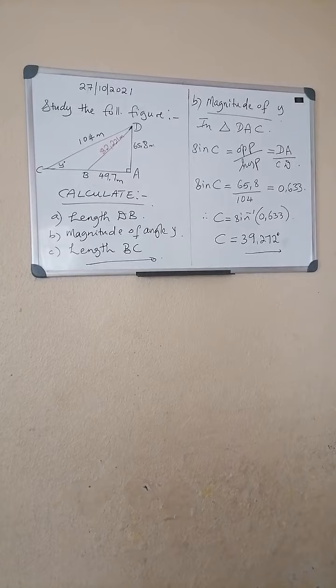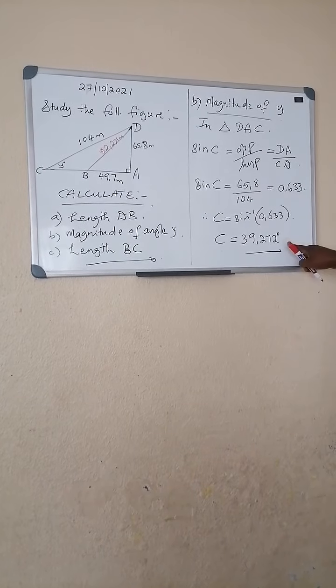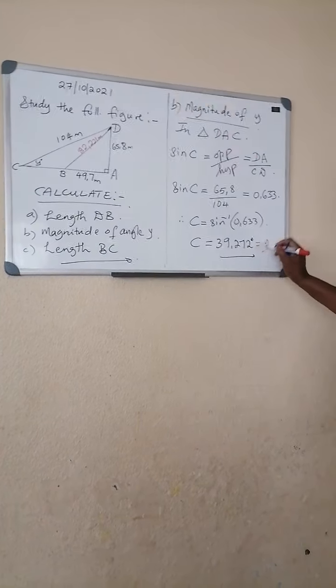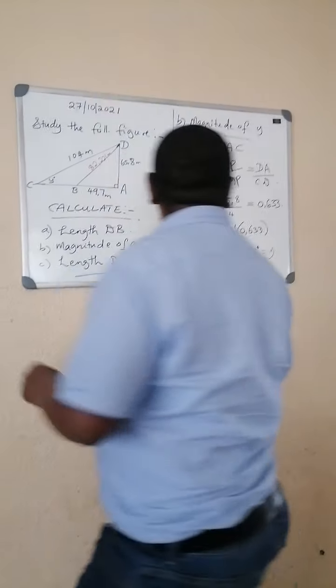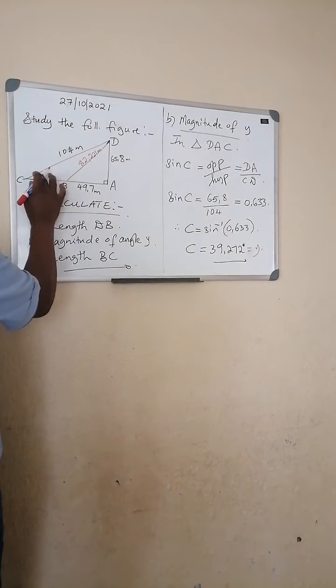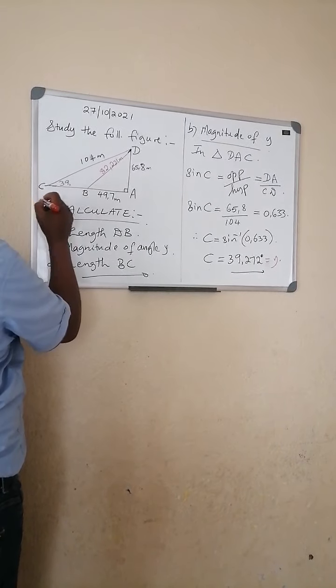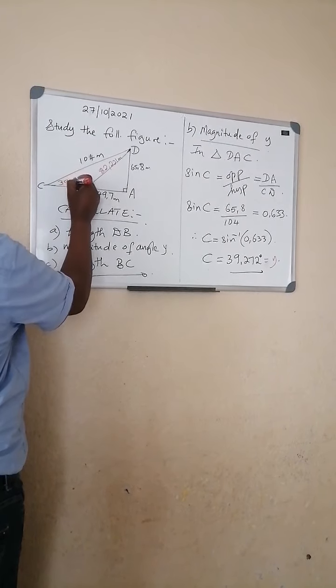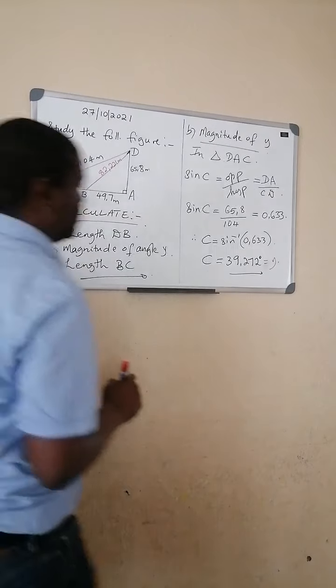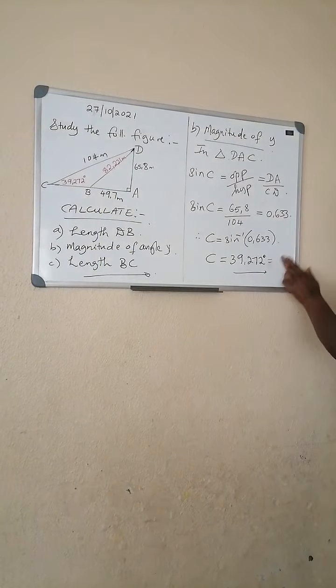We are saying that angle C is this. But remember, this is same as Y. So we are then saying that this is 39.272 degrees.